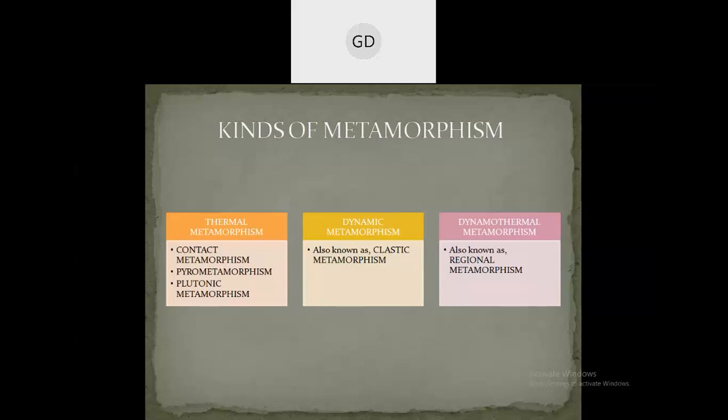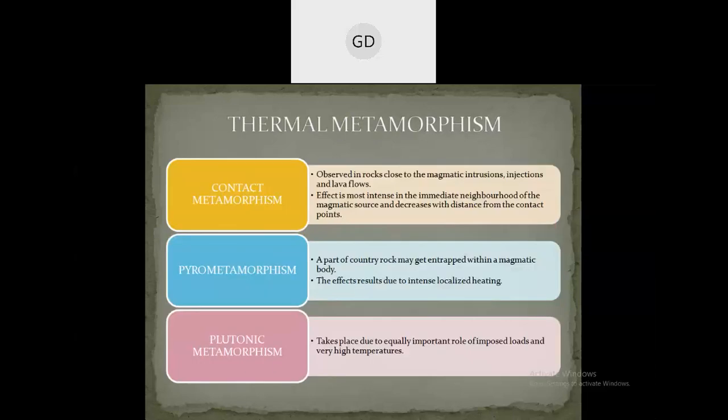Again, in thermal metamorphism there are three kinds: contact metamorphism, pyrometamorphism, and plutonic metamorphism. Dynamic metamorphism is also known as clastic metamorphism, and dynamothermal metamorphism is popularly known as regional metamorphism. Now we will discuss these things briefly.